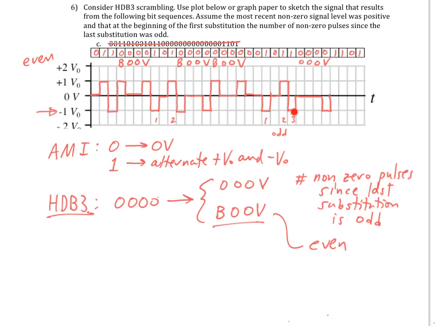Because the previous one was negative, so I violate the alternating pattern. And finally, a 1, another 1, a 0, and a 1, all following the normal bipolar alternating pattern. Okay, so hopefully this example helps you understand all of that, and thanks for listening.